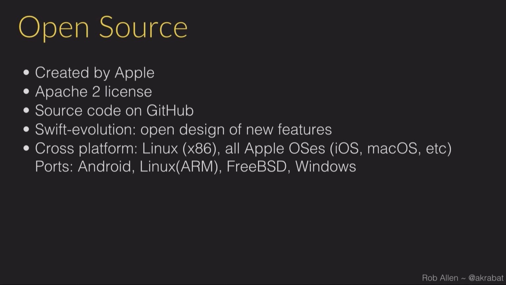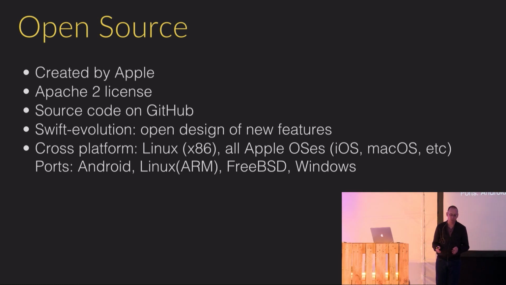So in order to have a new feature added to the Swift language, a GitHub repository called Swift Evolution is used, where the proposed new feature is created as a markdown document, specification of the plan for the new feature, and then the community can comment on this proposal, improve it, and then the core team, the Swift core team, will decide whether to accept the proposal into the Swift language or not.